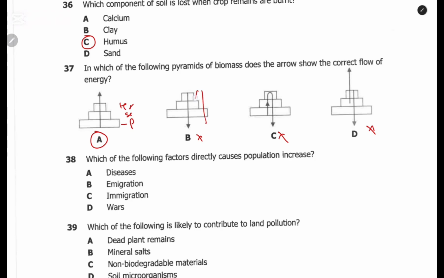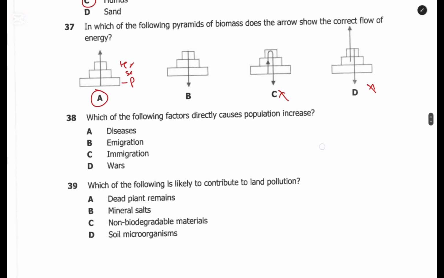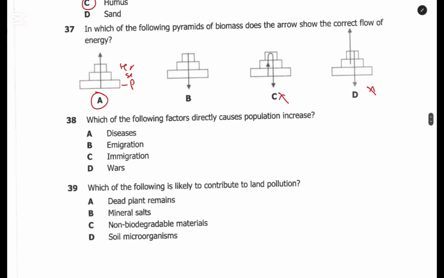It normally flows from the primary to the secondary to the tertiary. I think I explained this one. I have a lesson on ecology. You should be able to find that lesson. It will make sense.